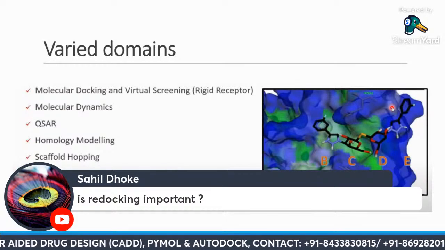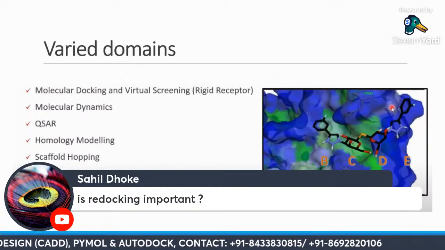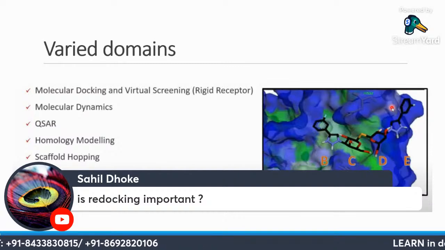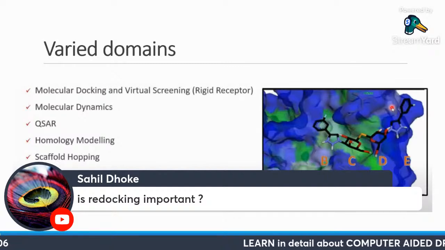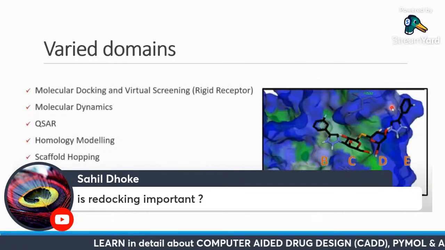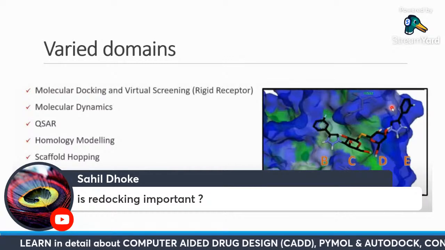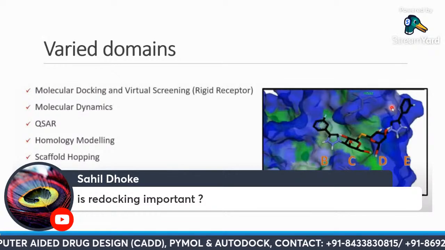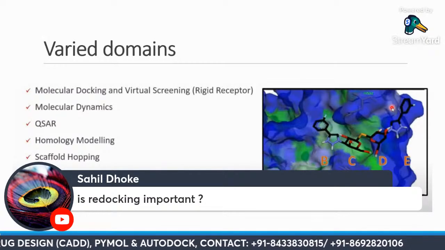If you search for it, it's called Molecular Docking in Modern Drug Discovery. Maybe we can give the link also, Dharmesh, if that is possible. That is a good starting point. It's a small chapter which introduces you to molecular docking and computer-aided drug design. But as such, I'm not aware of any book.